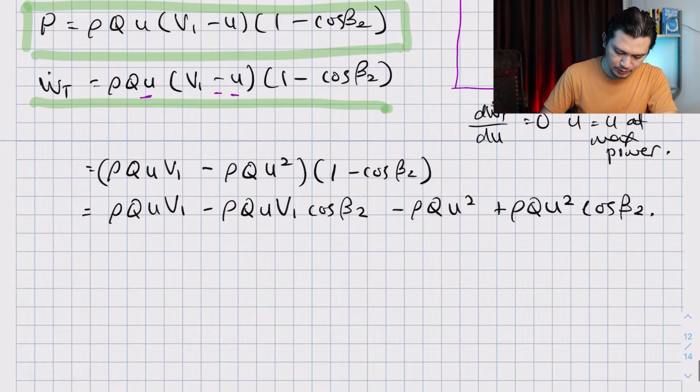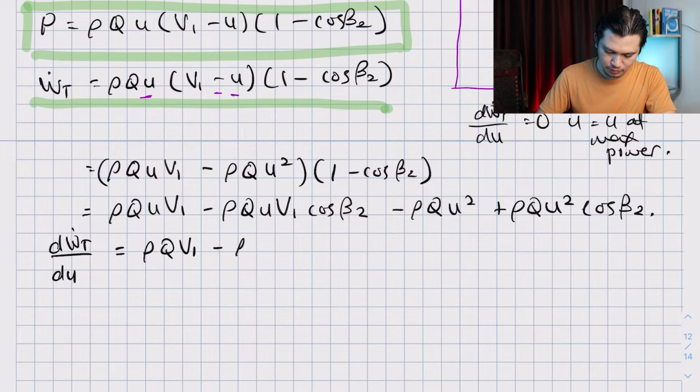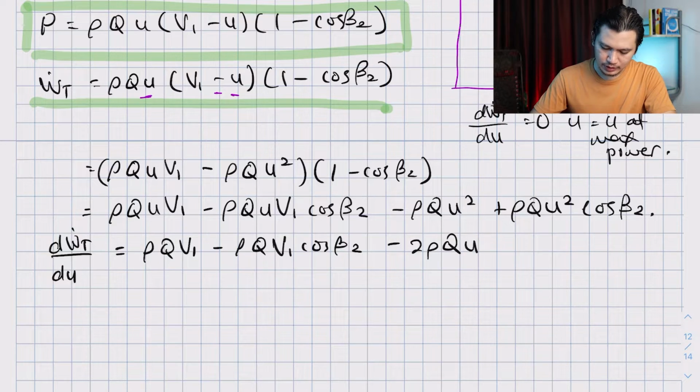Now, it's quite simple to get dW dot T over dU. This is simply rho Q V1 minus rho Q V1 cos beta 2 minus 2 rho Q U plus 2 rho Q U cos beta 2.